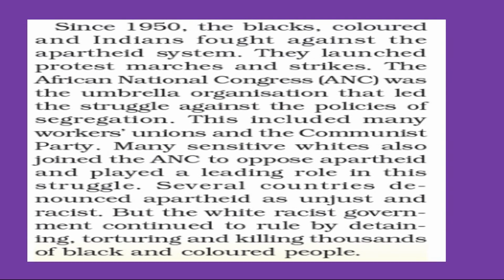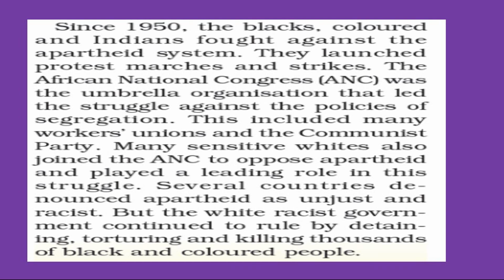Since 1950, the blacks, colored and Indians fought against the apartheid system. They launched protest marches and strikes. The African National Congress was the umbrella organization that led the struggle against the policies of segregation.